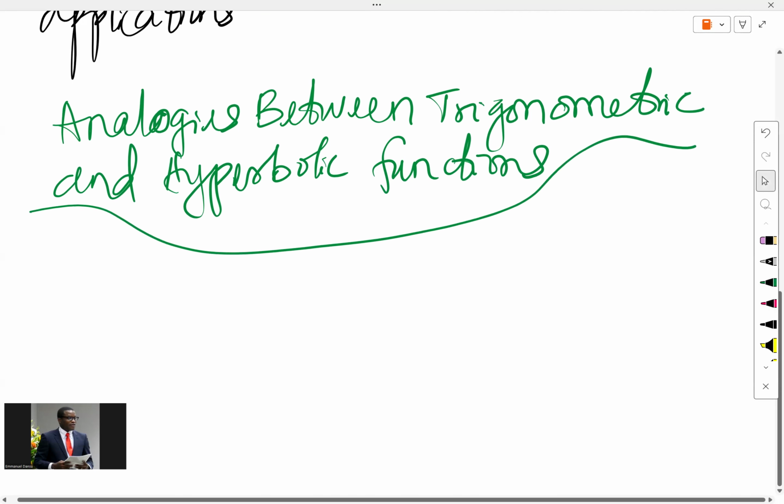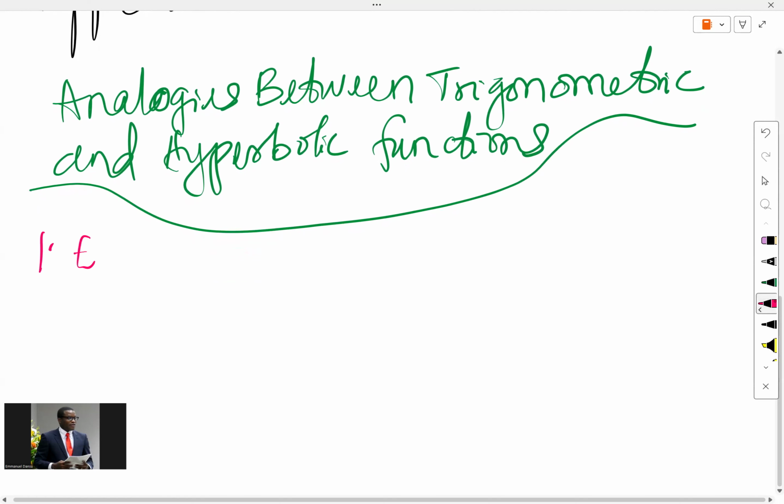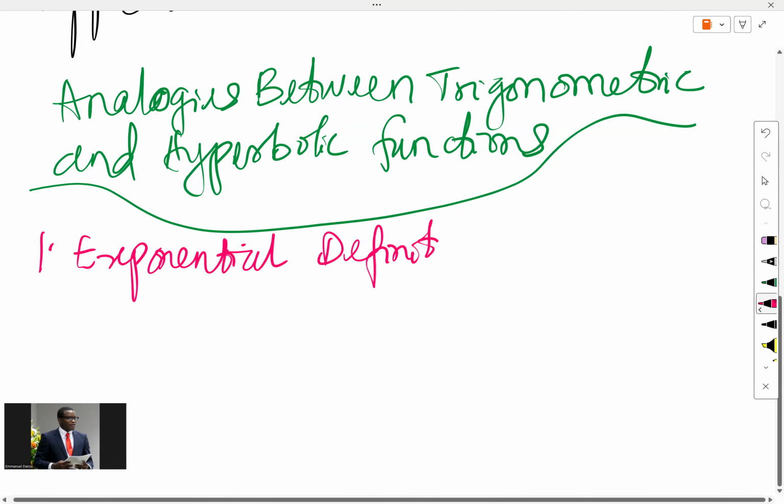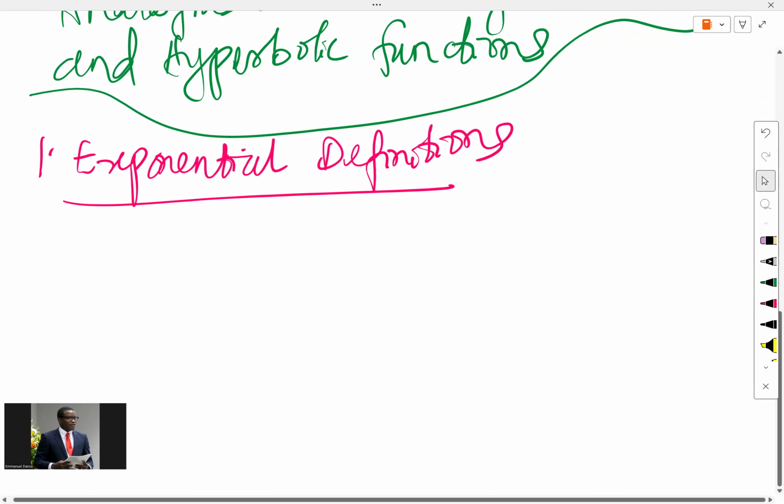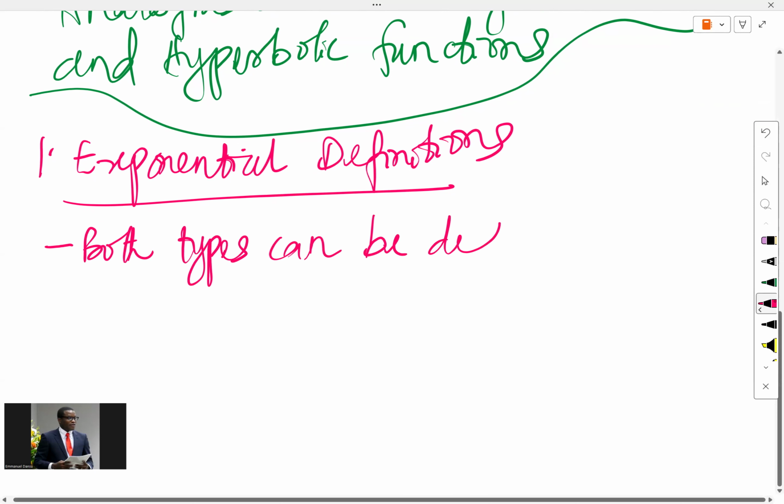So, first of all, let's consider them in terms of exponential definitions. They both can have exponential definitions. For instance, both types can be defined using exponential functions.